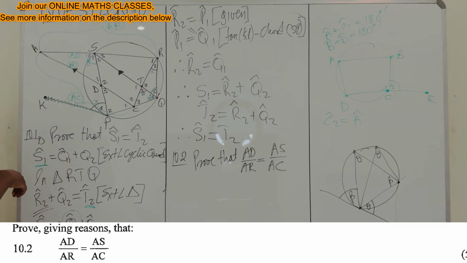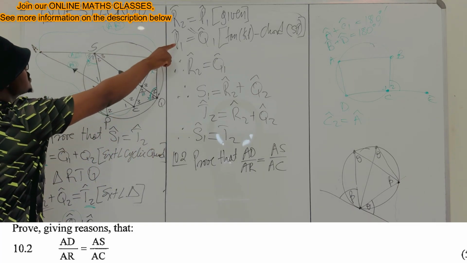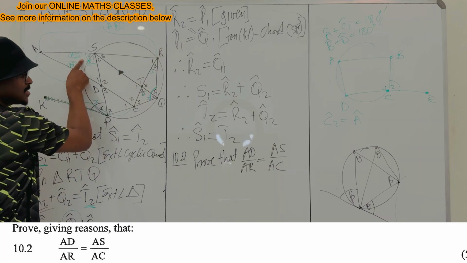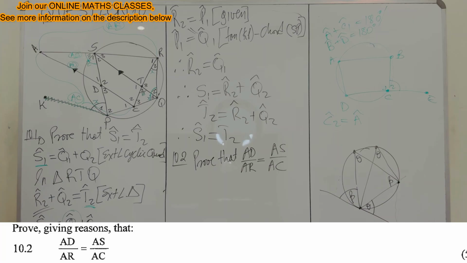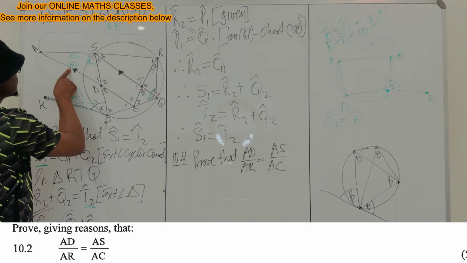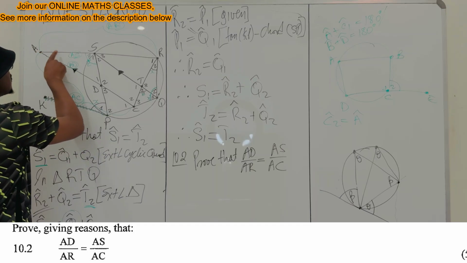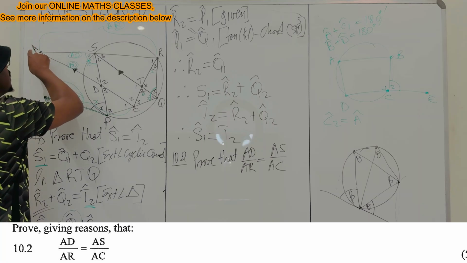So which means we're saying AD over AR is equal to AS over AC. Okay. No problem. So you can see that both of these involve the smaller part of this triangle and the big part of the triangle.